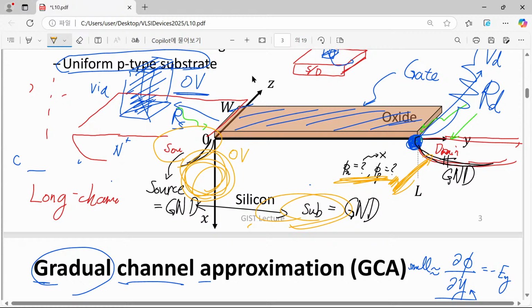Maybe you have studied the behavior of your quasi-Fermi potential. How does it look like? Where do you have the change of each quasi-Fermi potential?